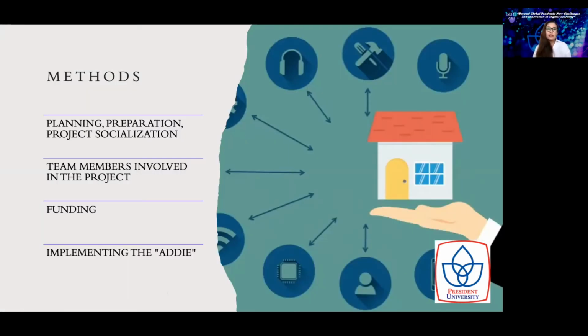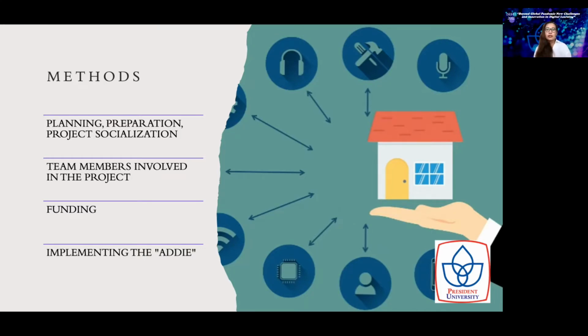So the methods that we implement in our project, the first one is planning, preparation, and project socialization. During the planning and preparation especially, we conducted a needs analysis. Using this method, we identified three things.